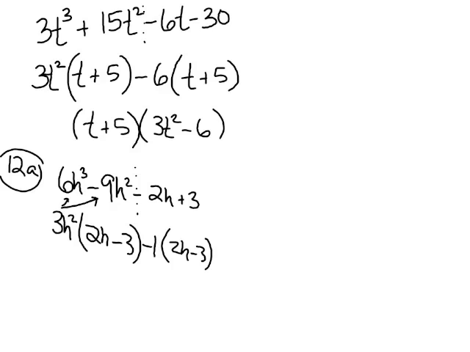So that would take me back to negative 2h plus 3. So what are my terms that are the same I can group together? 2h minus 3, those are the same in both sets. And then what are the terms that are left over? 3h squared minus 1.